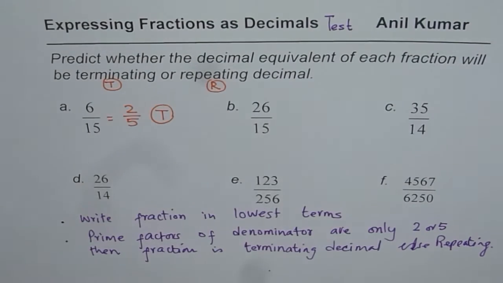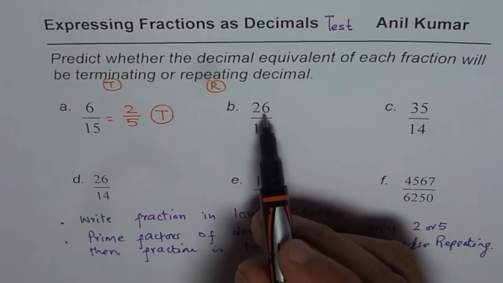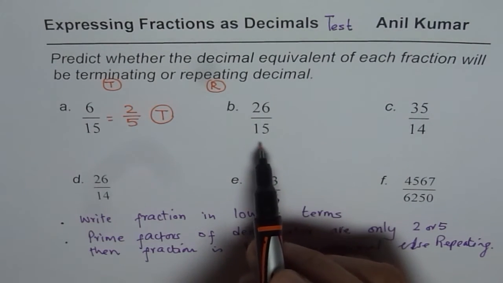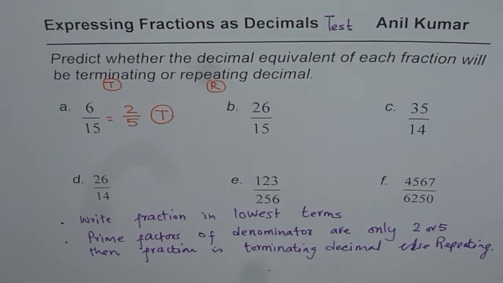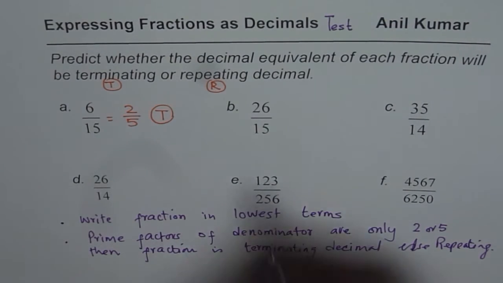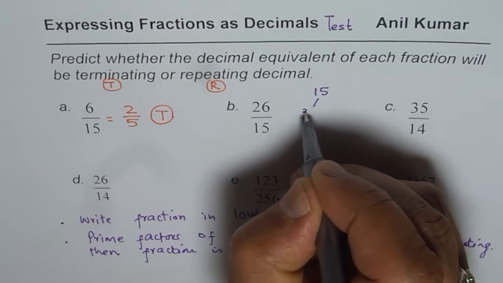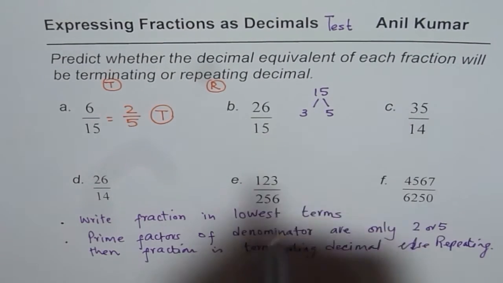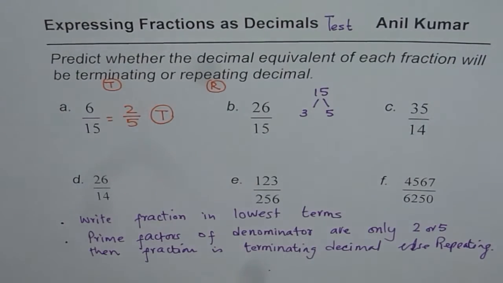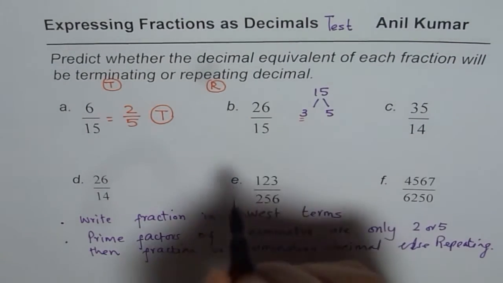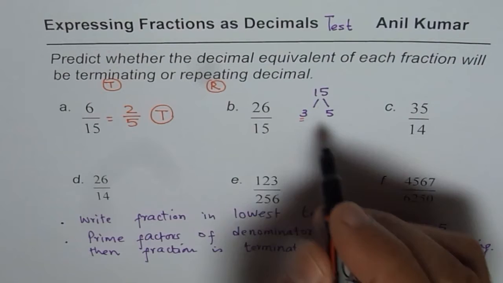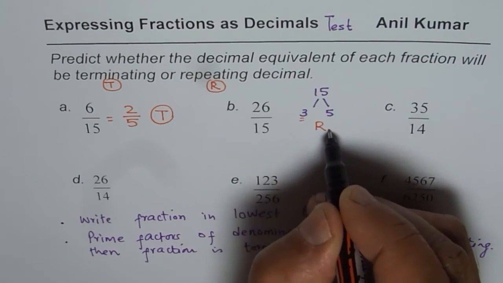Next one, 26/15. It is already given in the lowest terms. So let us do prime factorization of 15. What are the factors of 15? Factors of 15 are 3 and 5. Now since it has 3 also, this one should be repeating.